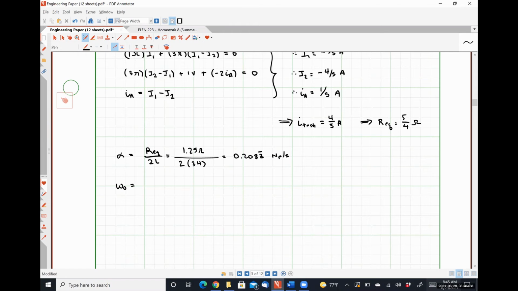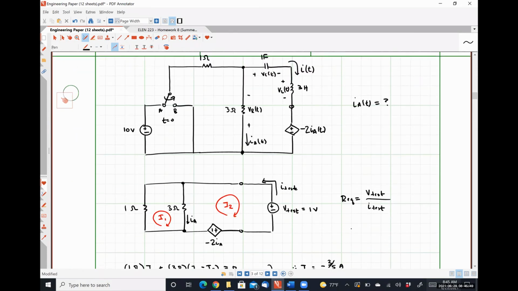Omega naught is 1 over root LC. It's going to be 3 henries times, was it 1 farad? Yeah.